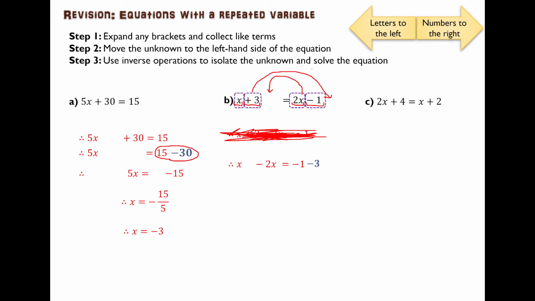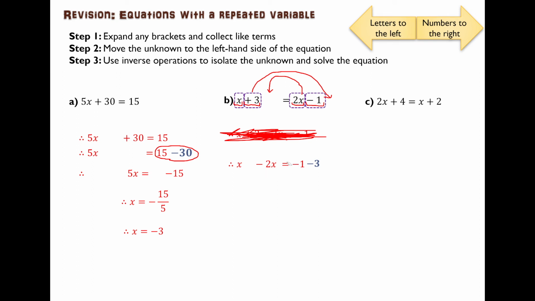So when I move it to the other side, it turns from positive 3 into negative 3. The 2x was on the right-hand side, but moved to the left-hand side. If I move this positive 2x term from the right-hand side to the left-hand side, it was positive, now it will become negative. The negative 1 term will stay there.